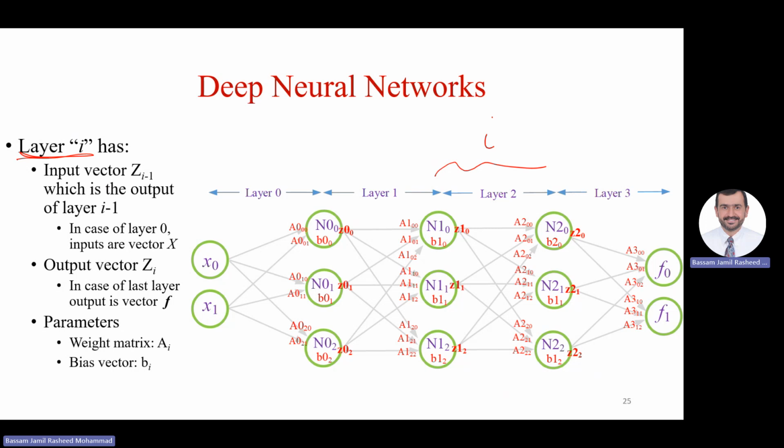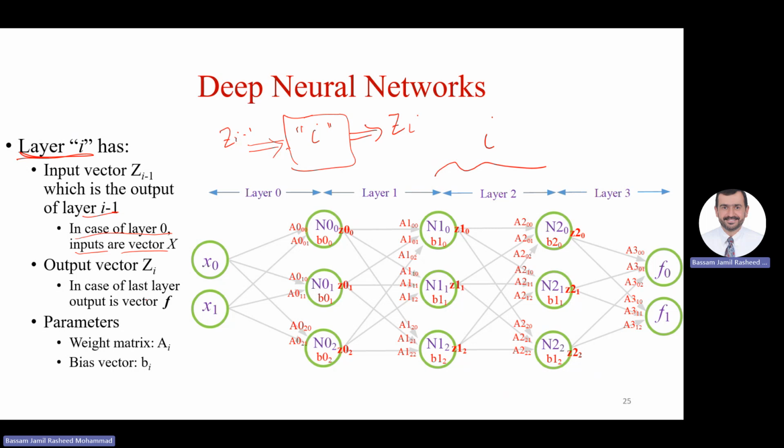Okay. All right. So we're going to assume for layer I that the input is z_{i-1}, right? And of course, in case of the input layer, your z_{i-1} becomes x, which is the primary input for your neural network. The output of this layer is z_i. So this is layer I. The input is z_{i-1}, the output is z_i.